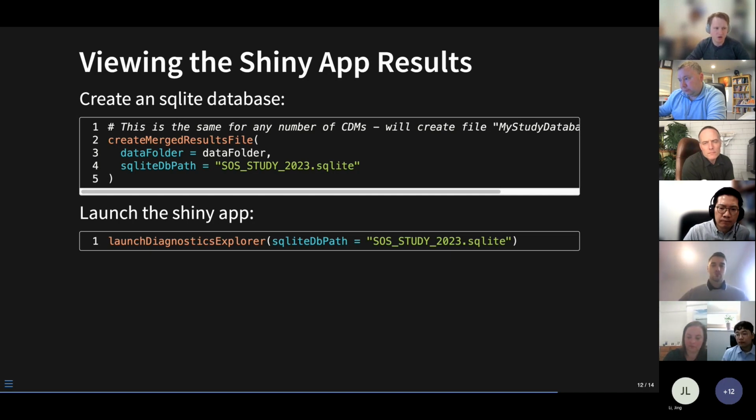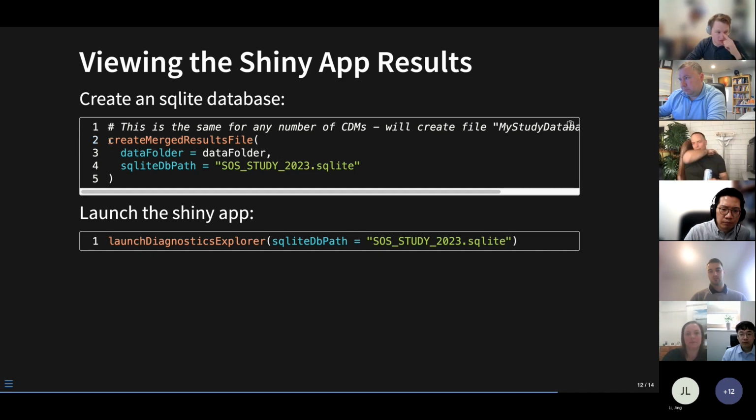But following that, we want to merge the results, and this is a step that just creates an SQL-like database that you can use to actually explore the results in a Shiny app, or you can query it with standard SQL queries.